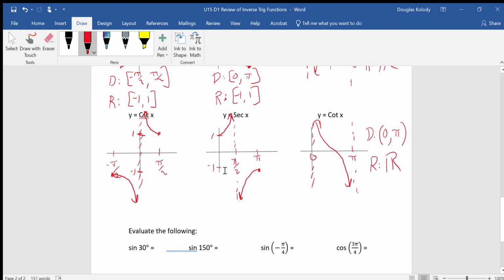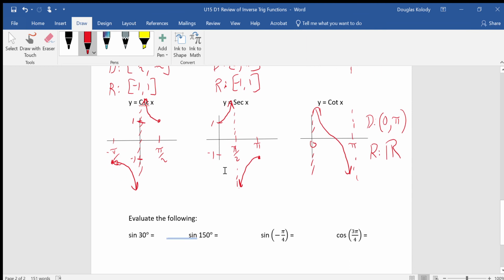One thing I have not done yet is the domain and range of cosecant and secant. So let's talk about that right now. The domain of cosecant. So if you could see, I'm going from negative pi over 2 to 0 here, but I'm not touching it, so I'll do 0 with a soft bracket. Okay, and I'm going to put the or symbol.